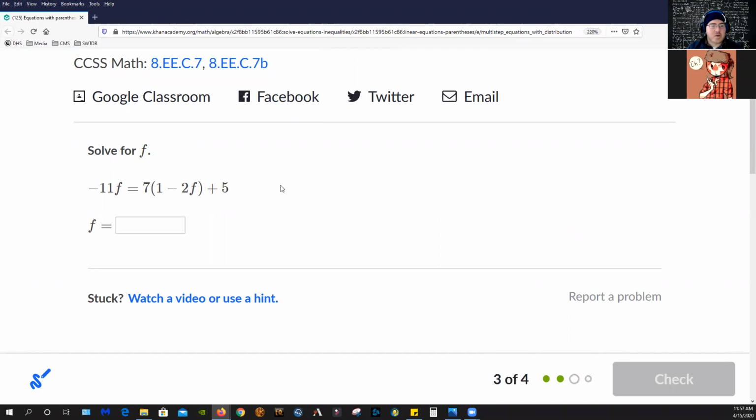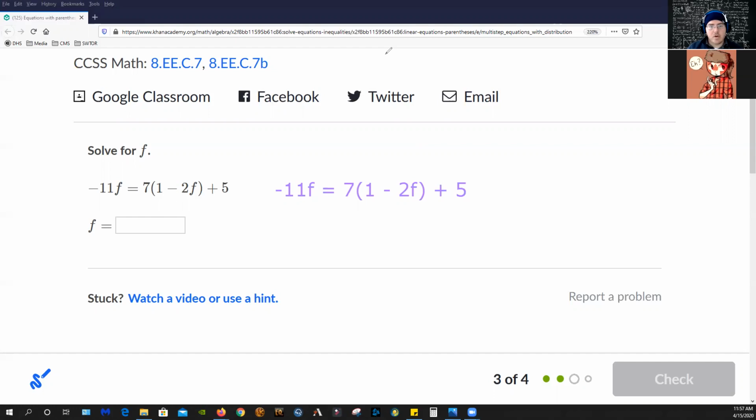Okay, so this time the directions are basically the same: solve for F. But before you can get to all the maneuvers we just did, they need you to do some work with parentheses. So this is really the exact same lesson with one extra step added at the beginning. If I rewrite our equation here, it is negative 11F equals 7 times the quantity 1 minus 2F, plus 5.